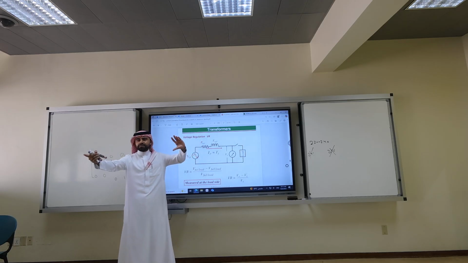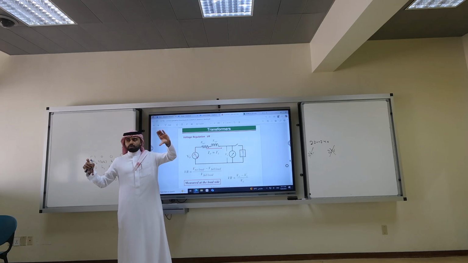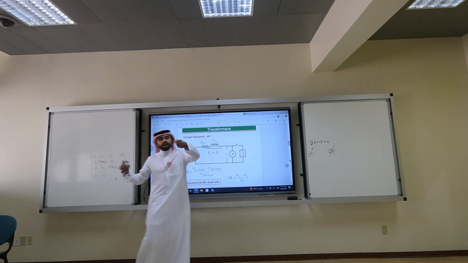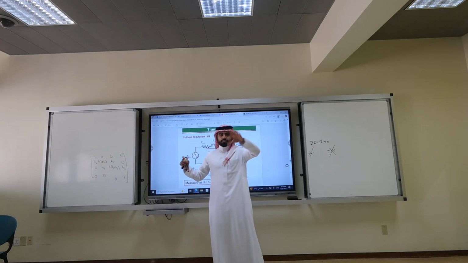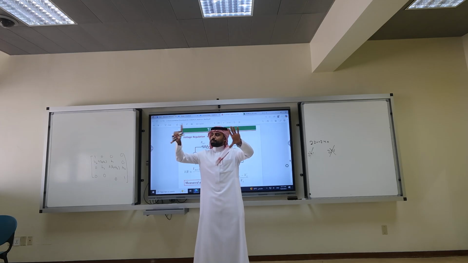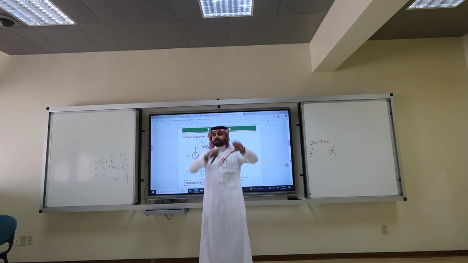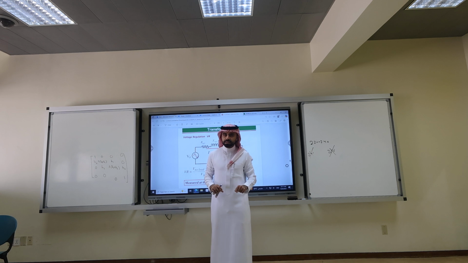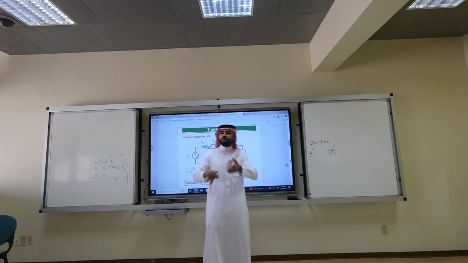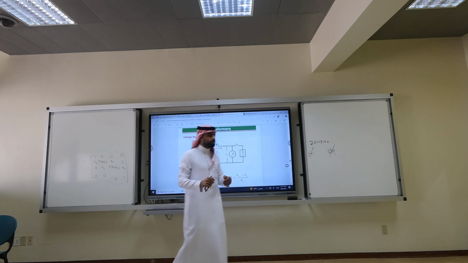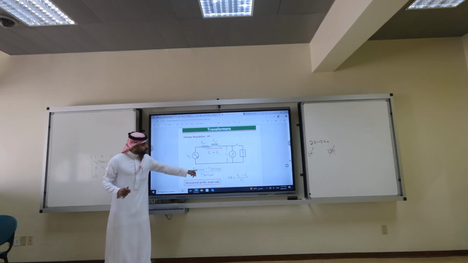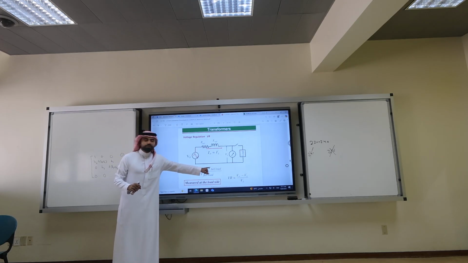Why? Because I cannot have a refrigerator at anything more or less. Let's say I remove the refrigerator. Would the primary voltage appear on the secondary? Yes, the 440 would propagate and it would be maybe 260 or 250. So voltage regulation is the voltage at no load minus voltage at full load, divided by voltage at full load.